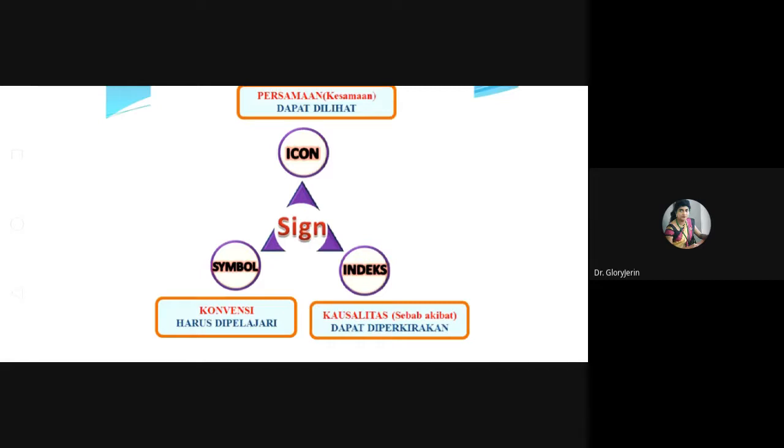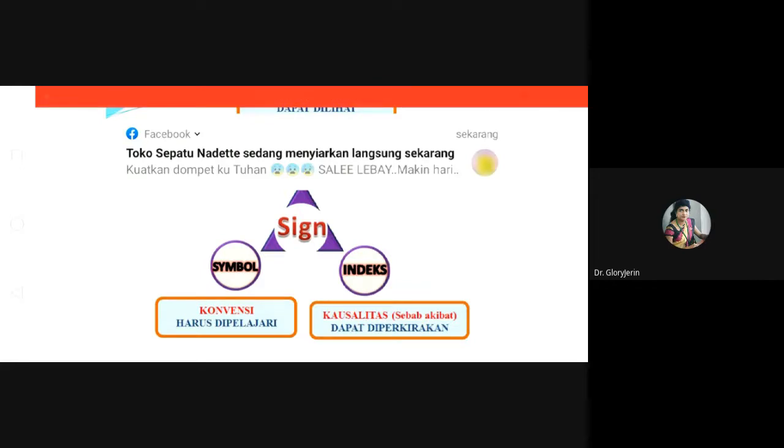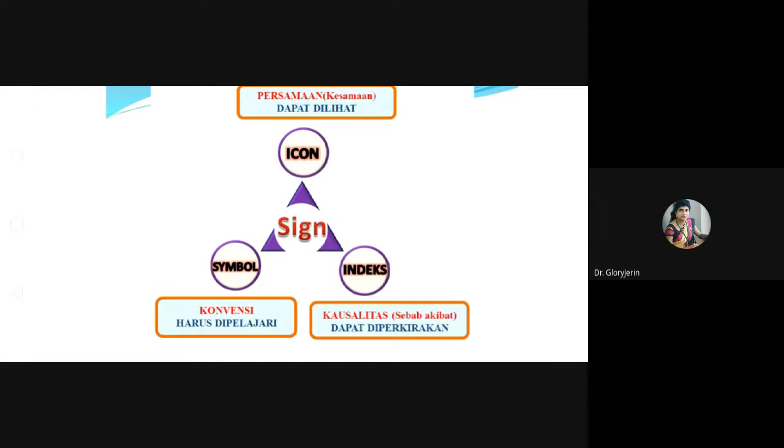Index. What is an index? Its existence has a causal relationship with the sign. For example, the attributes that are worn are called an index. So we can see the dress and the toilet. We can see signs or marks on the toilet. The toilet for a woman has a shape like a woman's dress.